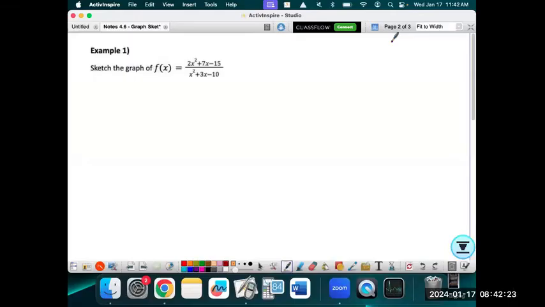And in order to get the domain of this kind of function, we are going to want to factor this. So let's see, numerator. I have to have a 2x and an x as my leading terms. And then that needs to multiply to negative 15. I've already done this before on my own paper, so I know that the factors are going to have to be 2x minus 3 and x plus 5.